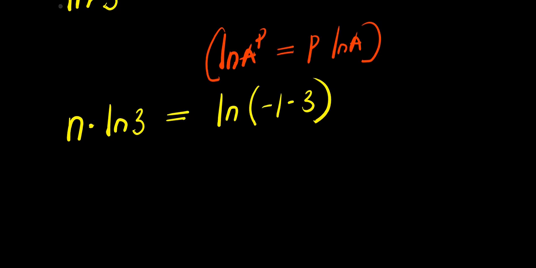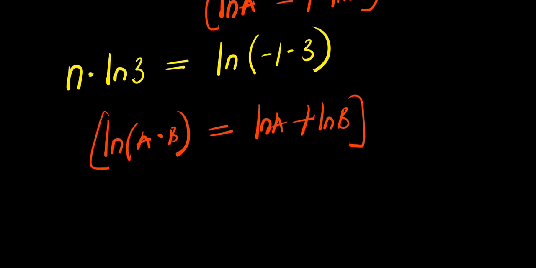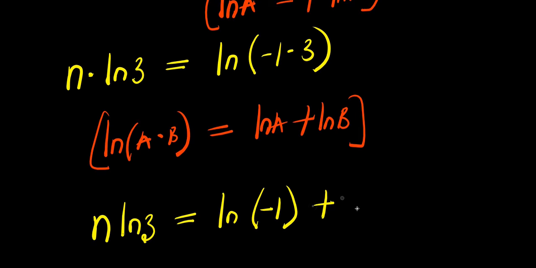Now, if you have this identity, natural log of a times b equals natural log of a plus natural log of b. So from here, we have n natural log of 3 equals natural log of -1 plus natural log of 3.